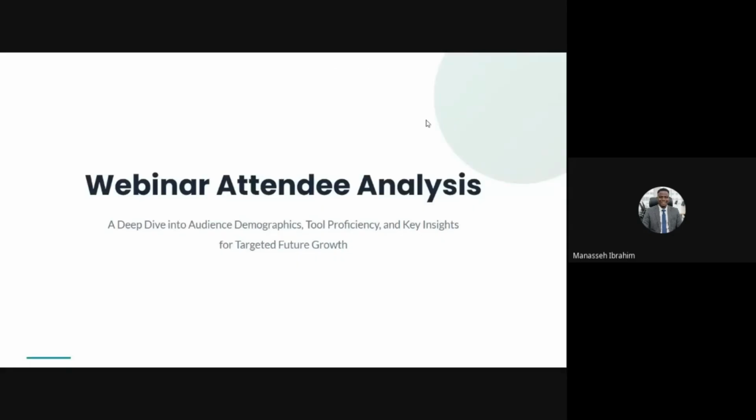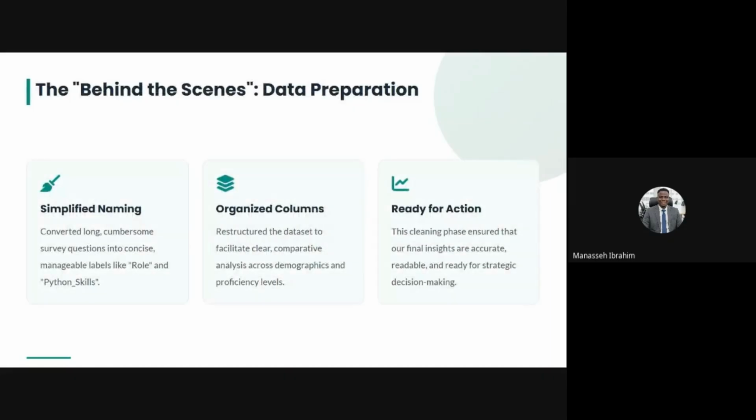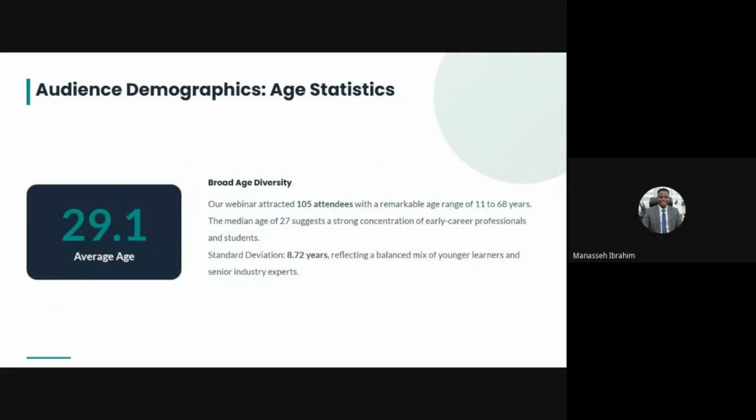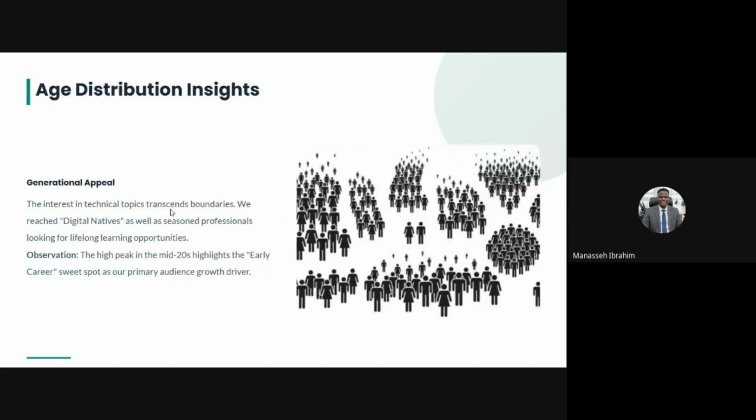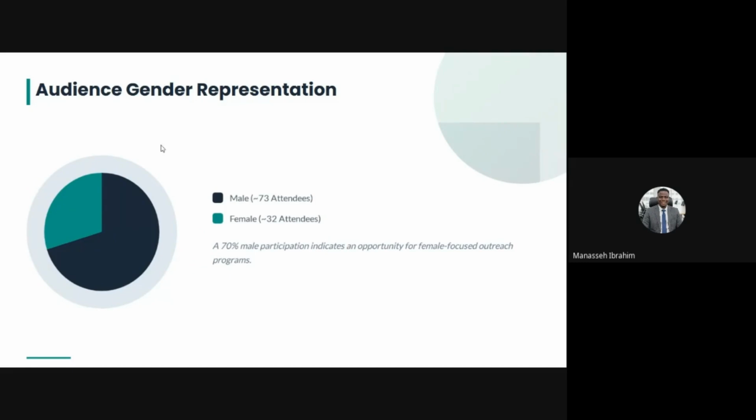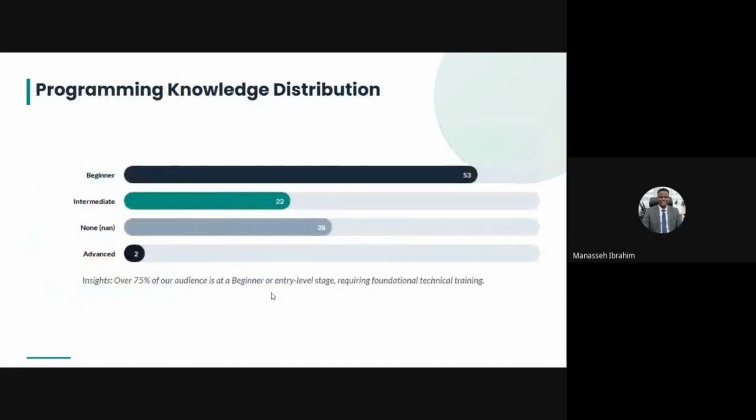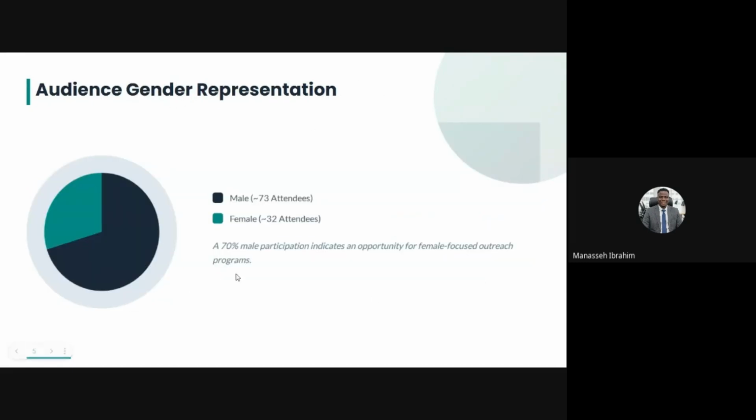Now, webinar attendee details. You can now see the analysis. This is not even about the slides, it's actually looking beautiful. It's giving you the insights generated like a card visual. It's giving you age distribution insights so that you understand. It's giving you guidance on gender representation, telling you that a 70% male participation indicates an opportunity for female-focused outreach programs.